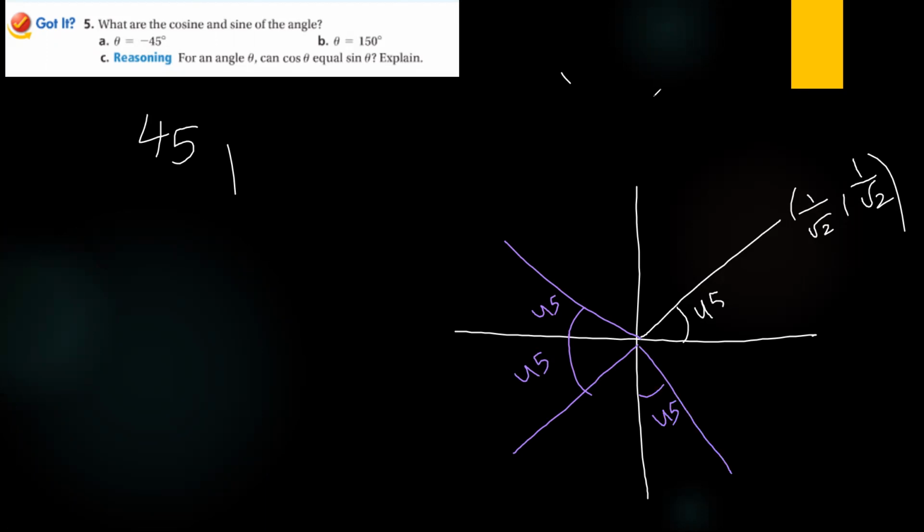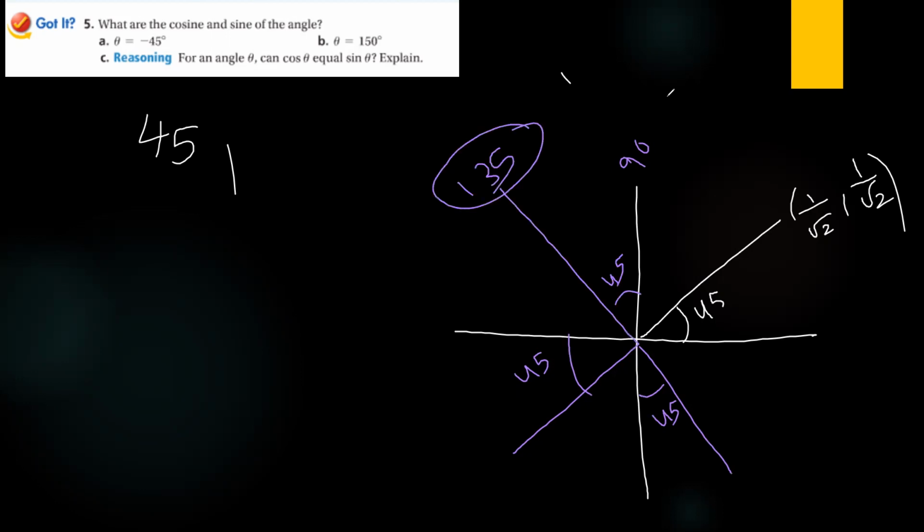Now, for the first one, 90 plus 45, you will get 135. So it could be 135. It could be 180 plus 45, which is 225. And it could be 270 plus 45, which is 315.